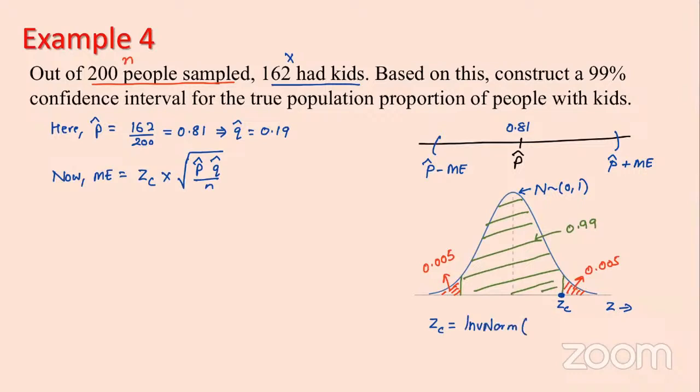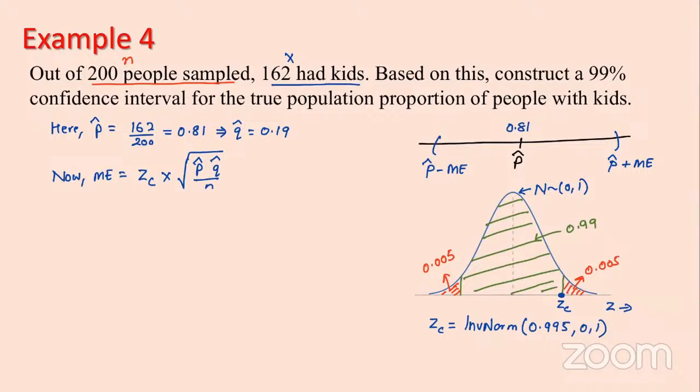And then the area to the left of Z critical. If you look at the diagram here, you can see the area to the right is 0.5%. That means you have 99.5% area on the left, right? So which is 0.995, mean is 0 and standard deviation is 1.